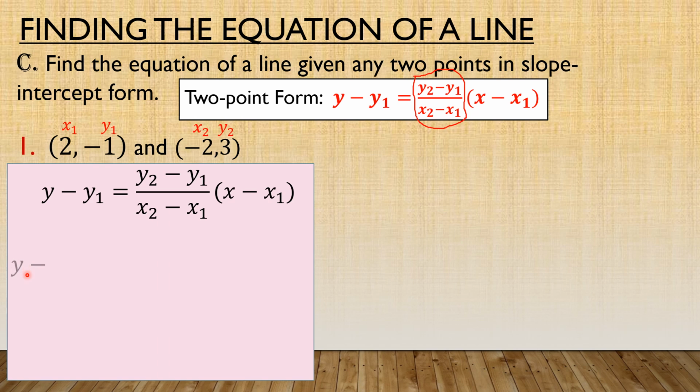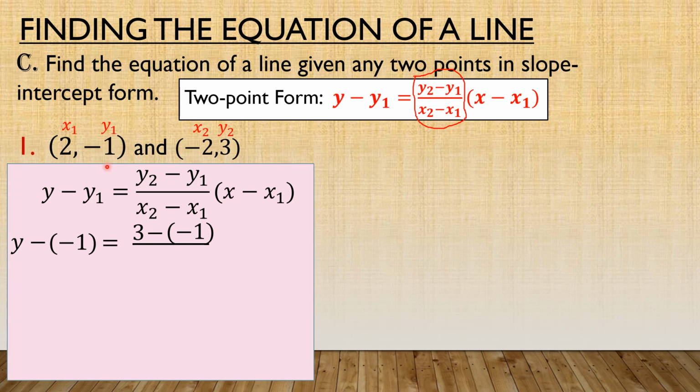So, we have now y. So, y minus, ang ating y sub 1 ay ito. Y sub 1 ay negative 1 equals y sub 2. Asan yung ating y sub 2? Ayun, 3 minus, tapos yung y sub 1 natin ay negative 1.